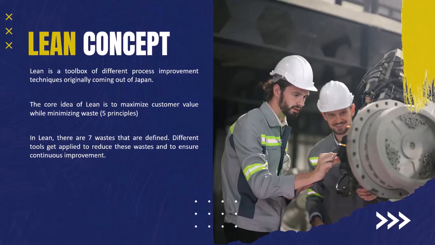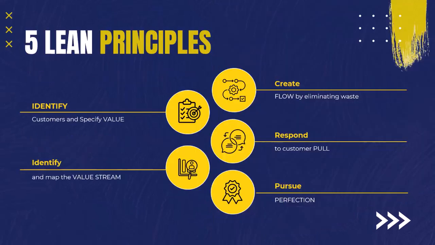So what are those 5 principles and those 7 wastes? The 5 principles of lean are the following. First is identifying customers and specifying value. So we want to know what is the value that the customer is paying for. Second, identifying and mapping the value stream, and this is by making sure that all of our activities are leading towards achieving this value.